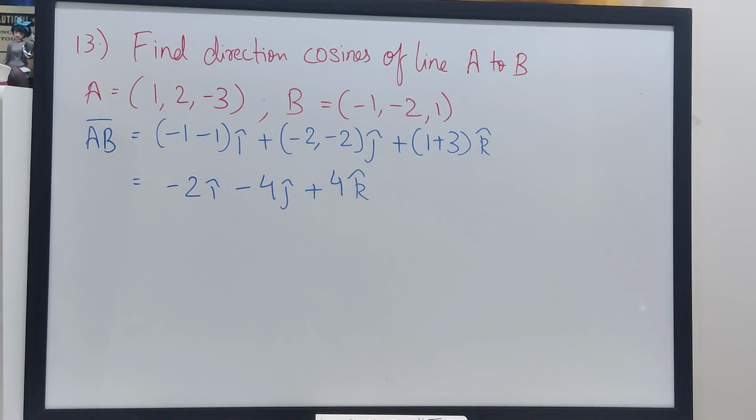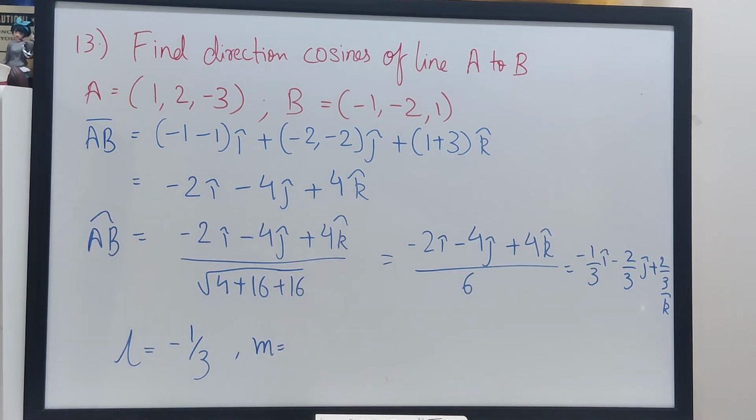Since it is minus 3 on the A side, so minus minus turns out to be plus. So that is k cap. Now take out the magnitude of vector AB. Now take out the unit vector AB. And that gives you, see, the coefficient of i cap, j cap, k cap is what? l, m, n respectively.